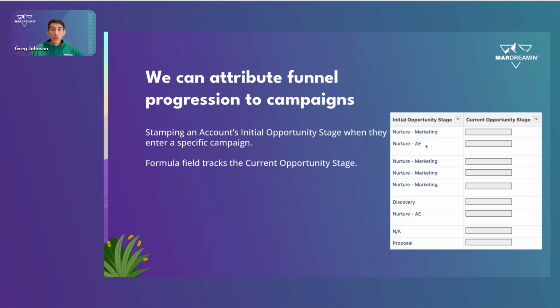You were in a nurture stage, and what was the effect of you attending this campaign on your position in the funnel? Did that bring you back into an active sales cycle? And if so, what was it about the campaign that drew you back in? We can now start to ask questions like that because we can see the effect that our campaigns have.